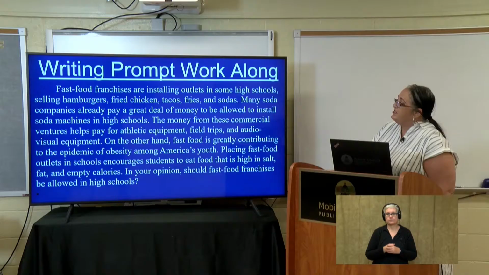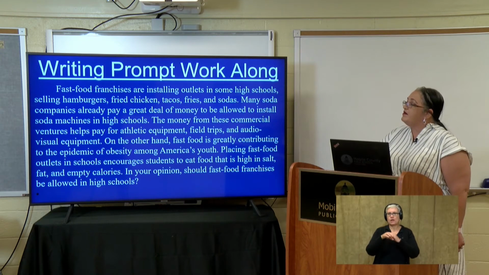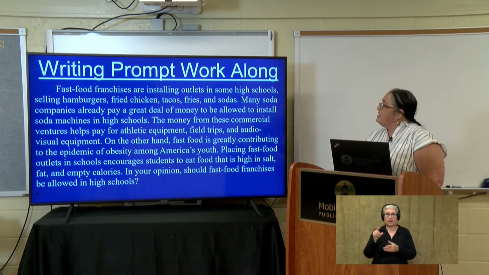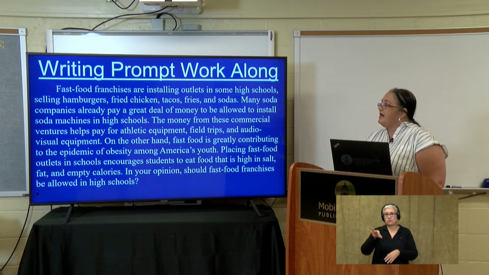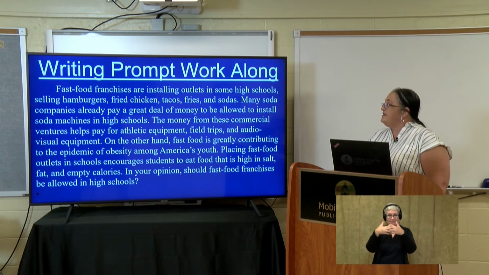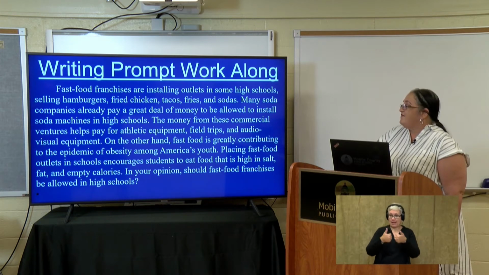All right, so fast food franchises are installing outlets in some high schools, selling hamburgers, fried chicken, tacos, fries, and soda. Many soda companies already pay a great deal of money to be allowed to install soda machines in high schools. The money from these commercial ventures helps pay for athletic equipment, field trips, and audio-visual equipment.